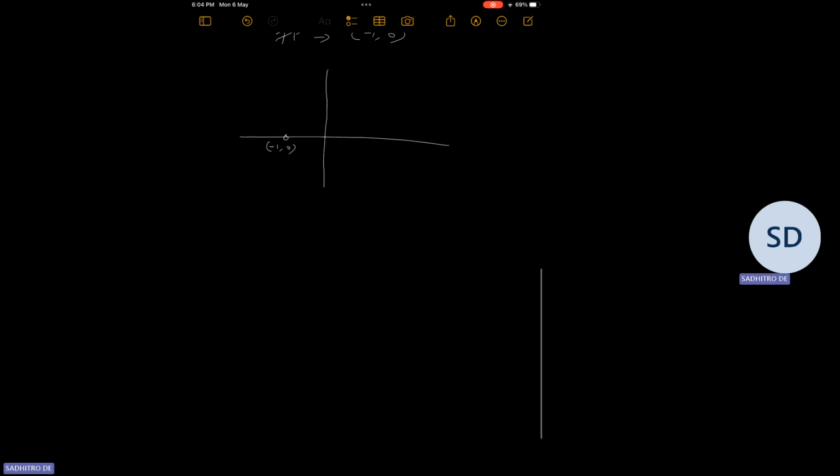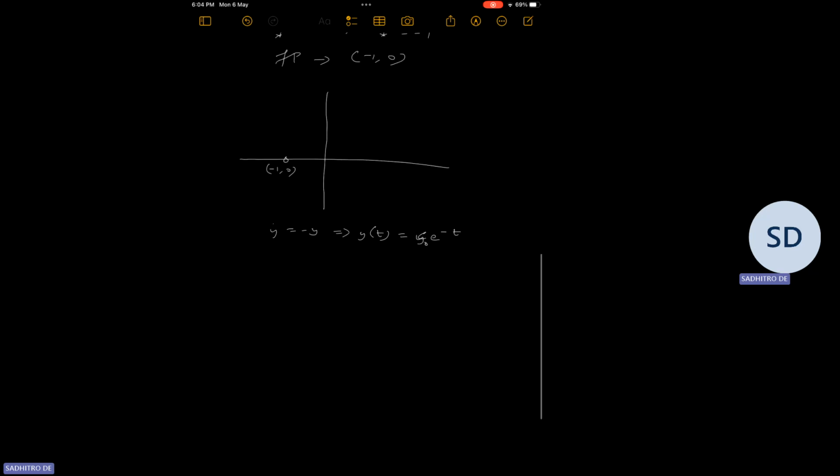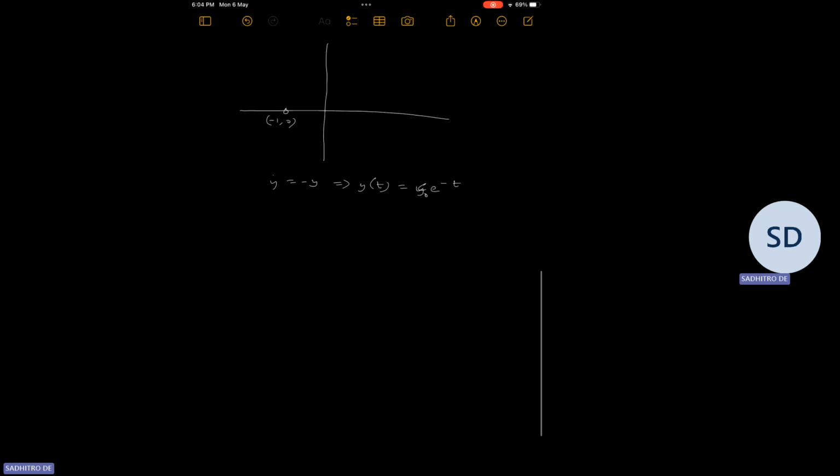So if you look at the y equation, some constant c times e to the power minus t, so it is a universally decaying solution. So basically the solutions all tend to approach the line y equal to 0 as t goes to infinity.